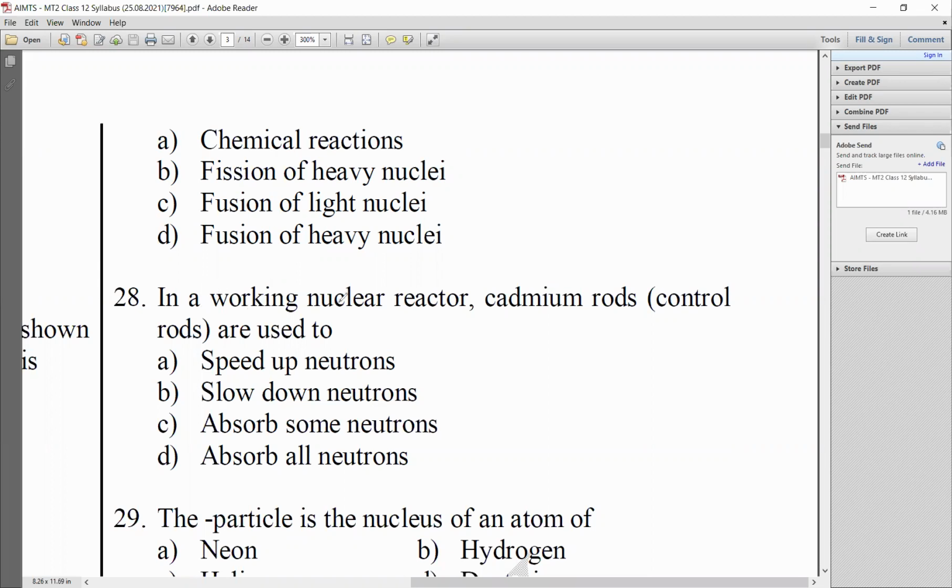Next, in a working nuclear reactor, cadmium rods. These are control rods. They are used to speed up neutrons, slow down neutrons, absorb some neutrons, or absorb all neutrons. Yes, cadmium rods absorb the neutrons, right?